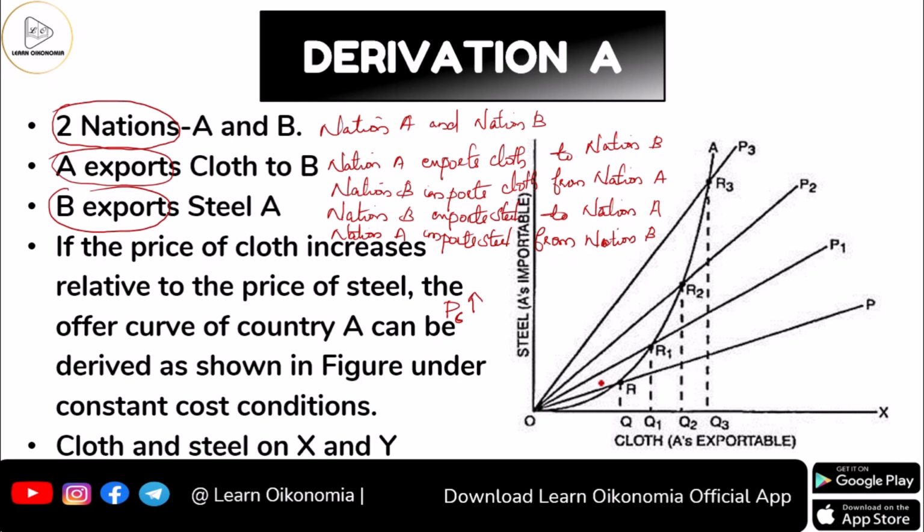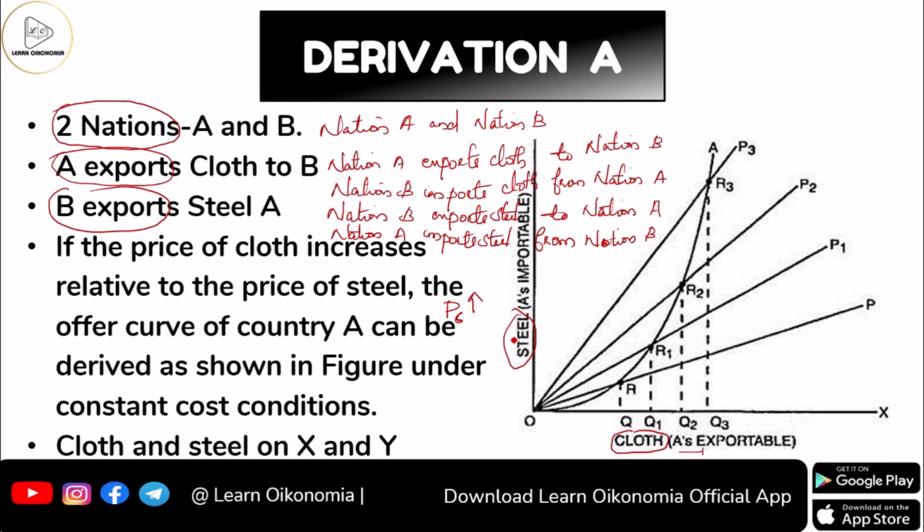Cloth is measured along the x-axis and steel along the y-axis. Cloth is the exportable commodity of A, because this is what nation A is exporting. Steel is the importable commodity of A, because that is something A is importing from B.